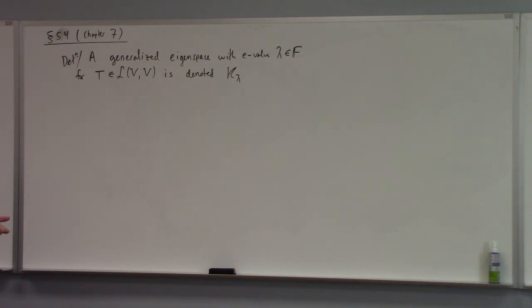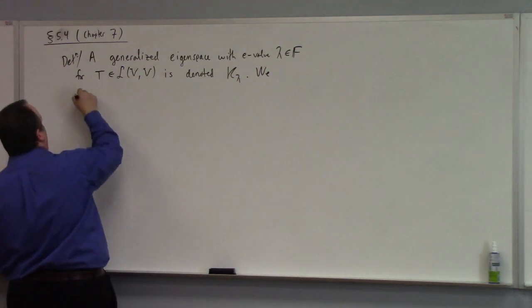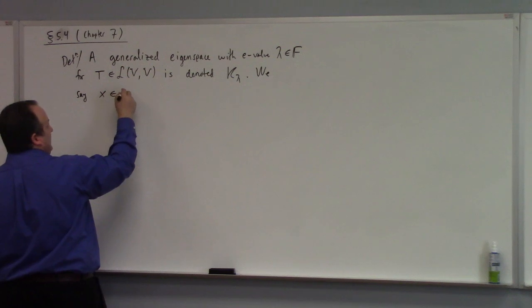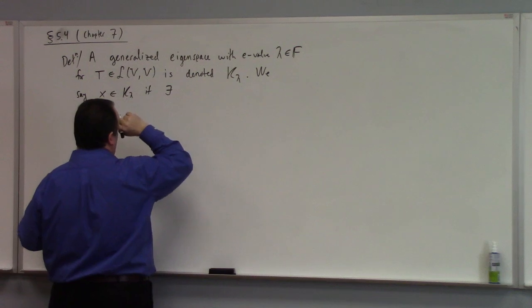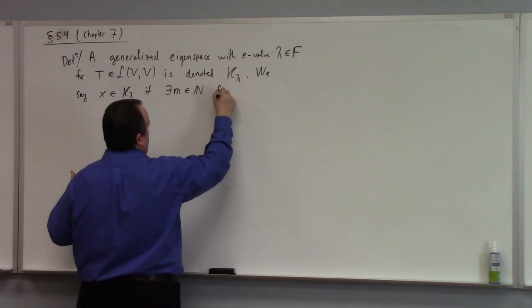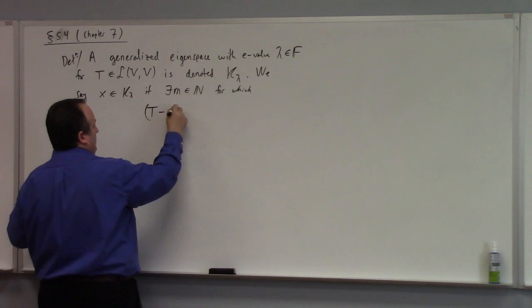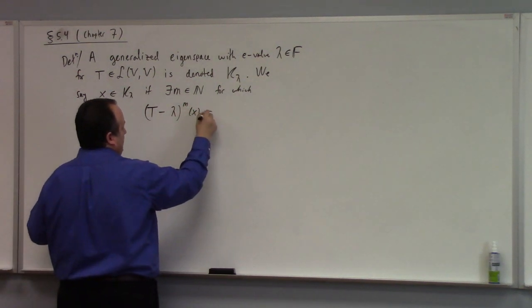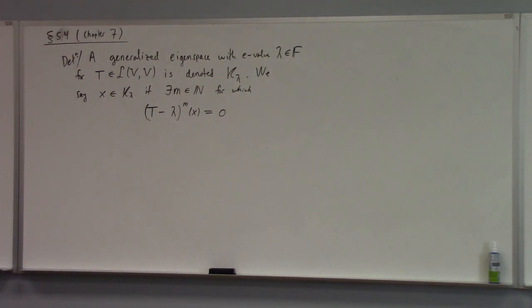So we're going to denote it K lambda. And we say x is an element of K lambda if there exists some m in the positive integers for which (T minus lambda)^m acting on x equals 0. So that's the definition.